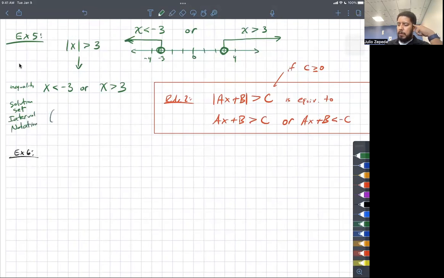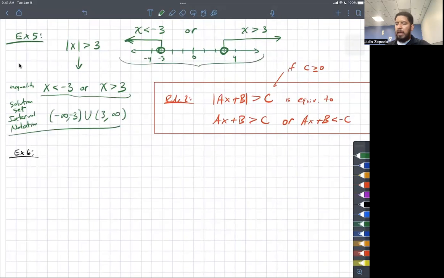And so this is going to be all numbers less than -3. That would be from -infinity up to -3. Or the union symbol takes place of the or statement. And then all numbers larger than 3 would be from 3 to infinity. So there's another way to display the solution. Interval notation, you can write it as inequalities, or you might see a graph of it.